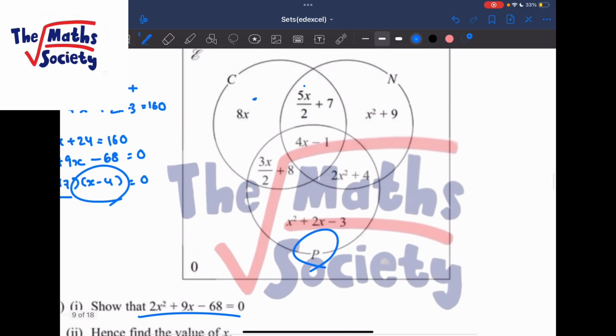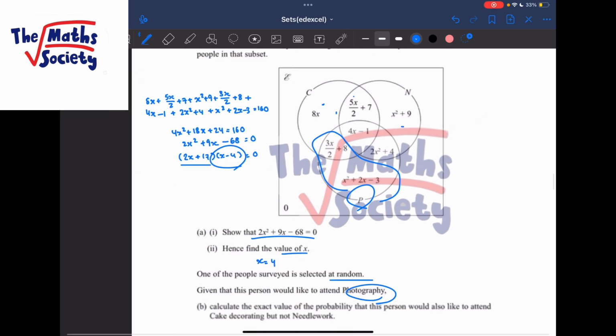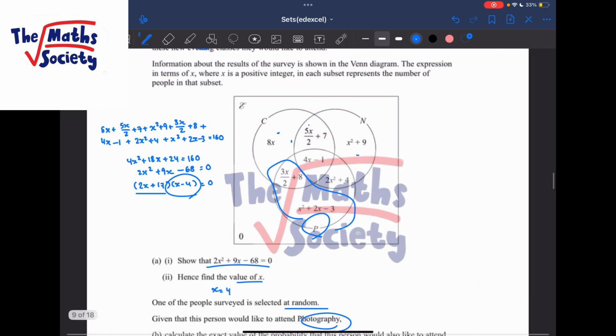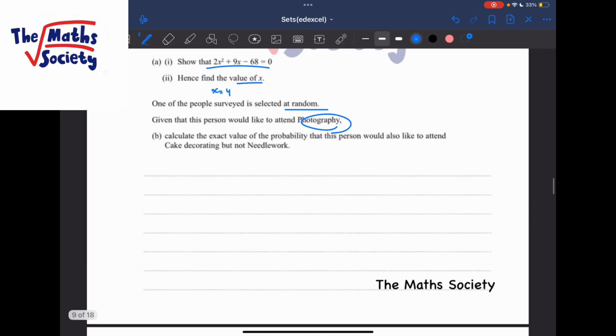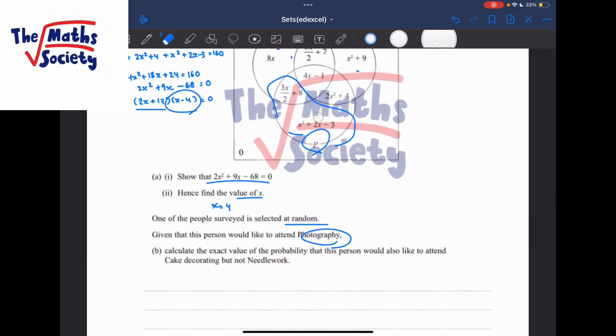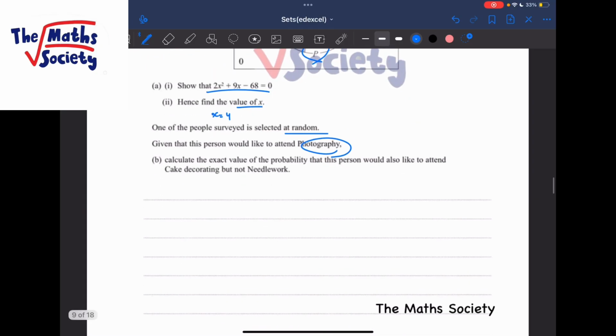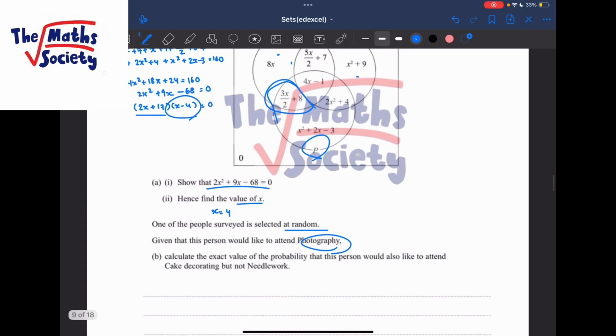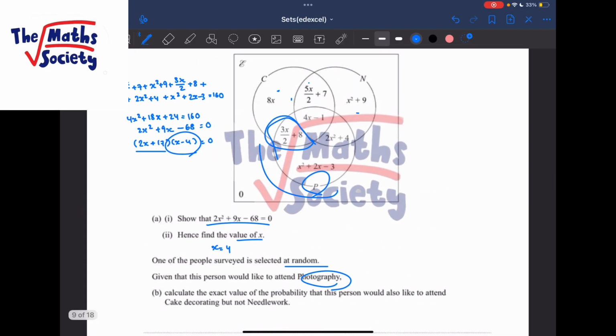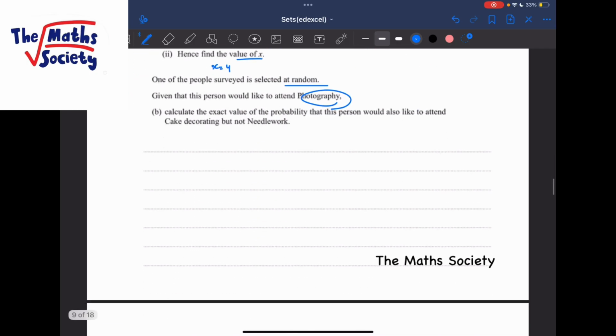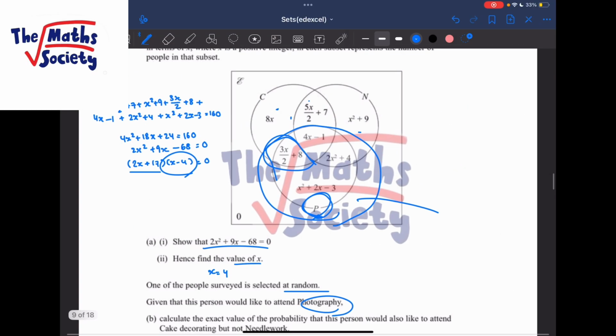So it has to be only this part, which is 3x plus 2, and the total is out of the whole photography set, so that's 3x by 2 plus 8 over the total.